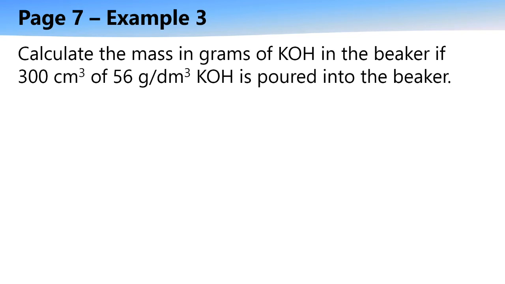Example 3. Calculate the mass in grams of KOH in the beaker if 300 cm3 of 56 g/dm3 KOH is poured into the beaker. Once again, I highlight what is given. We have the volume and the concentration, but this time it's in grams per dm3.